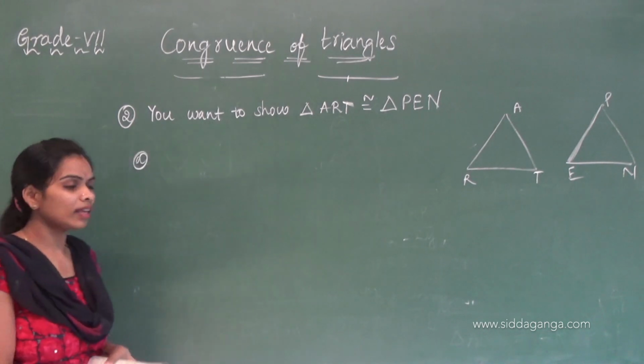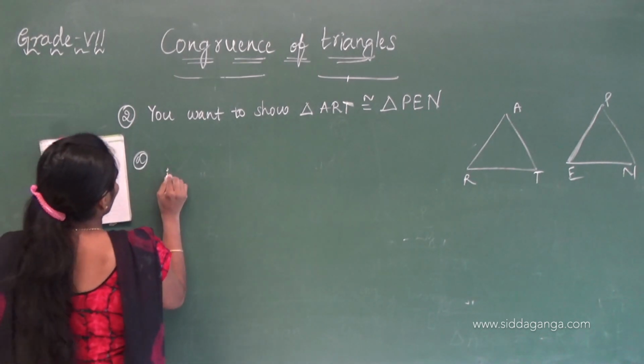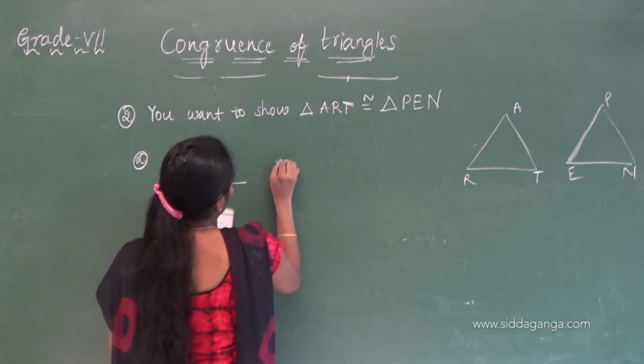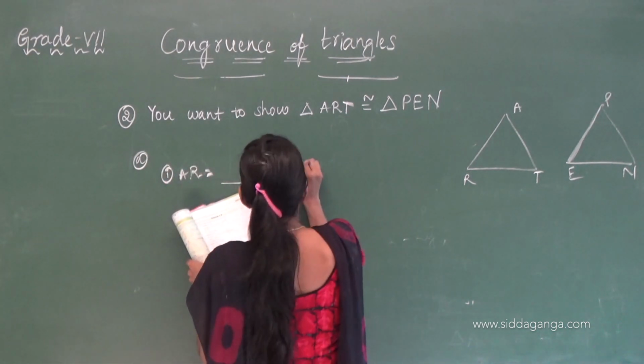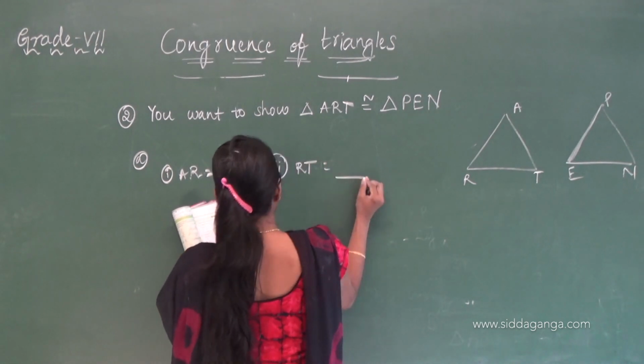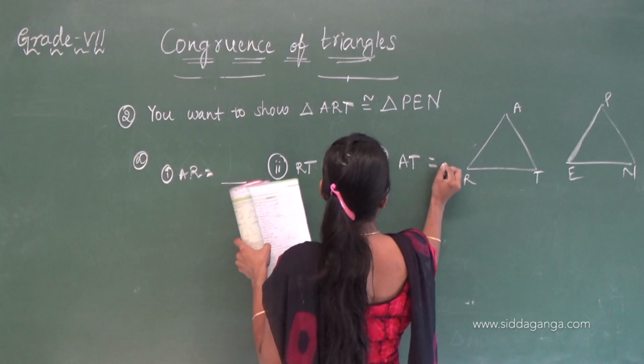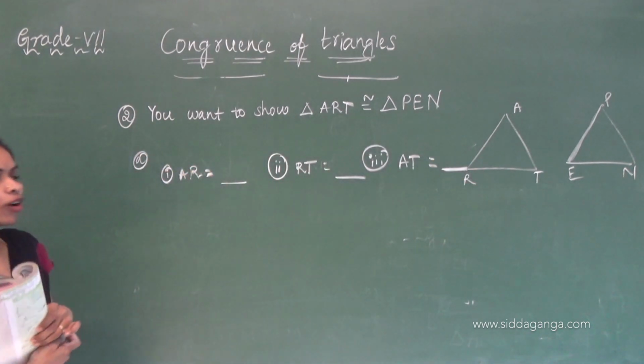They are giving here: AR equals to dash, RT equals to dash, AT equals to dash.